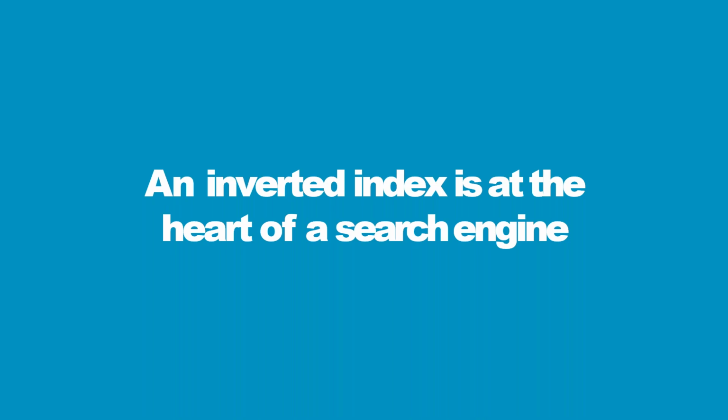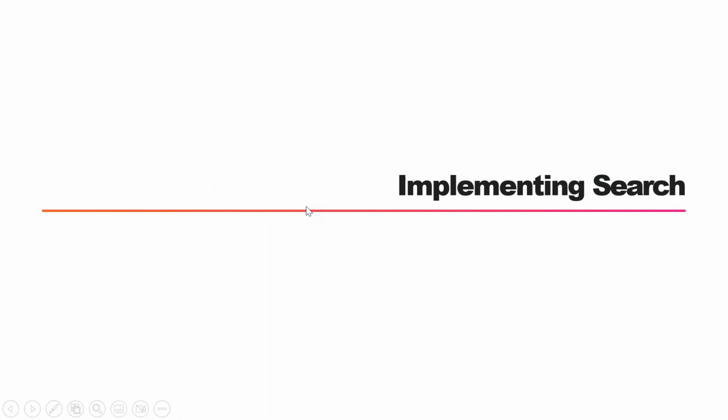Actually, the inverted index is at the heart of a search engine, and a search engine means Elasticsearch also. So when you work with Elasticsearch, the index you see will be in the form of an inverted index only. So you should know the nature of the index.